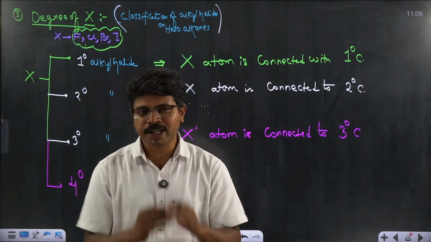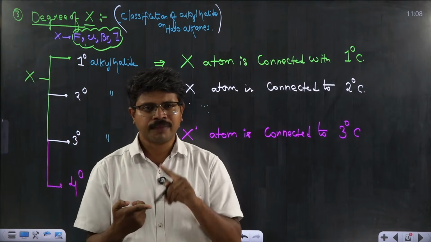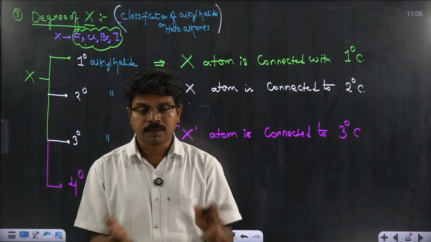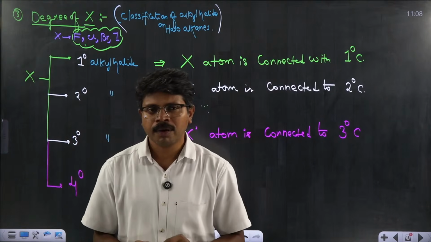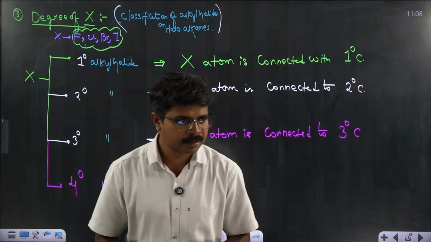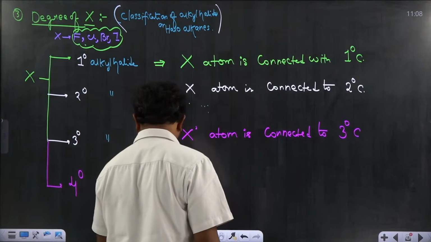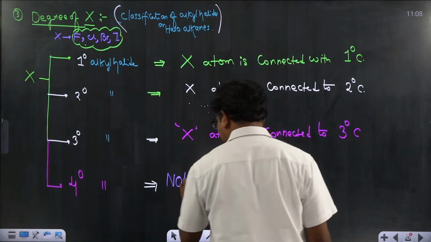What do you mean by 4 degree carbon? 4 degree carbon is the one in which the reference carbon must be in contact with 4 carbons. So carbon valency was already satisfied. Therefore, you will not have any kind of quaternary alkyl halides, right? There is no such kind of quaternary alkyl halide. It is not possible.